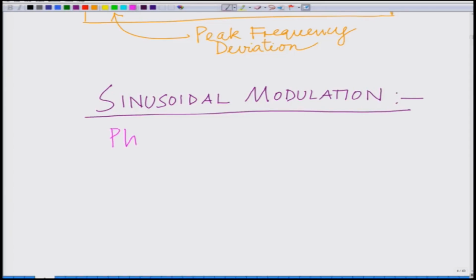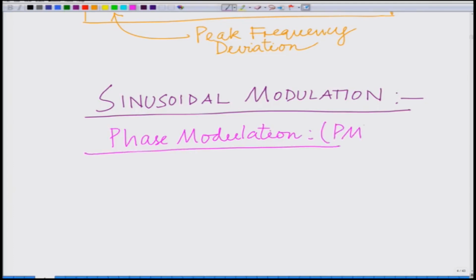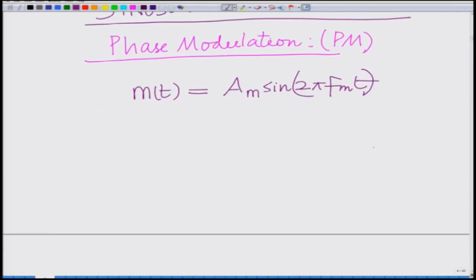In that, let us once again start with phase modulation, that is PM, and let the modulating message signal be m(t) equals A_m sin 2 pi f_m t.